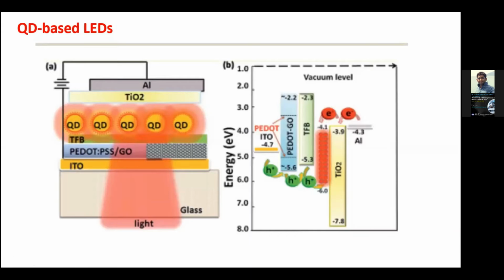Now the thing is how good the emission is. Depending on the different band gap and band structure, band engineering, you will get different quantum yields from this quantum dot based LED.